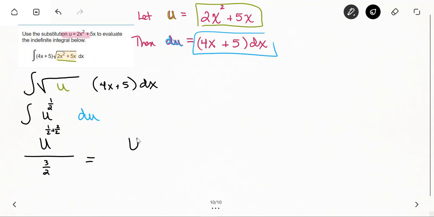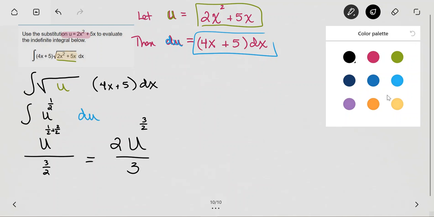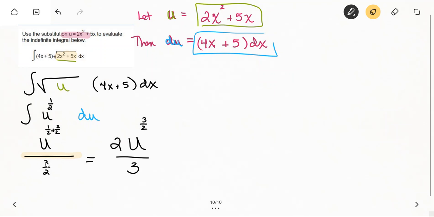But a better way to write that would be U to the 3 halves over 3 times 2, because dividing by 3 halves is the same thing as multiplying by 2 over 3. So I have 2u to the 3 halves over 3.